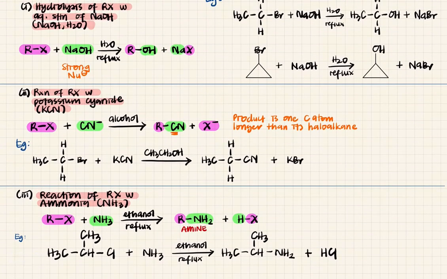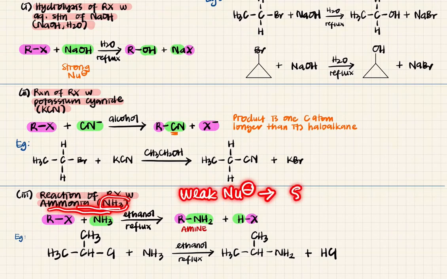Okay. Ini reaction with ammonia. So ammonia, we know that NH3 is a weak nucleophile. Okay. So kalau weak nucleophile, that means that dia akan promote Sn1. Okay. So kalau dia promote Sn1, that means that awak punya class of haloalkane will be tertiary atau secondary.